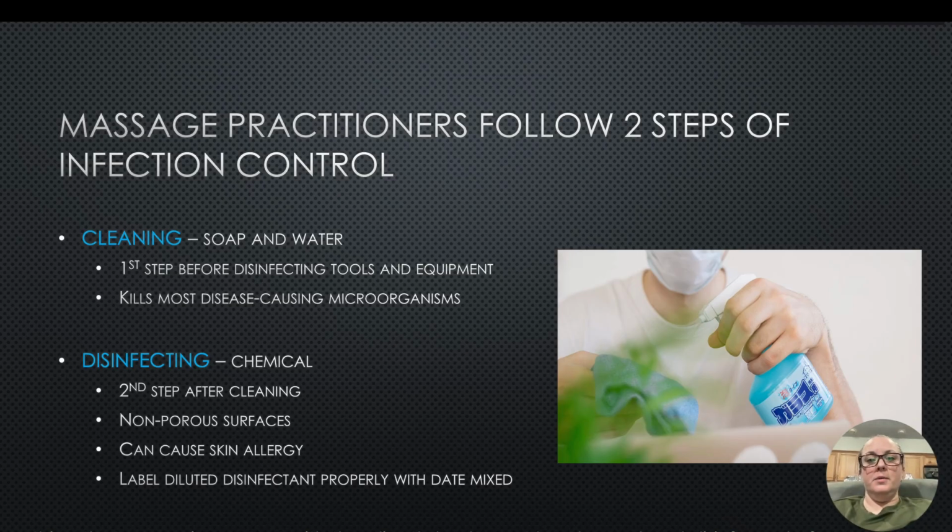So first thing you do would be to scrub it with soap and water. And then you can go back through with disinfecting. This is second after cleaning it. You would use a chemical disinfectant to get rid of any other gunk that you might not want on the surface of that.